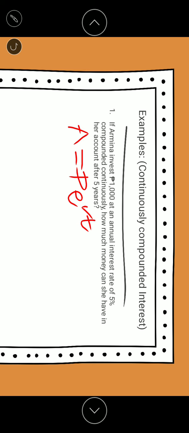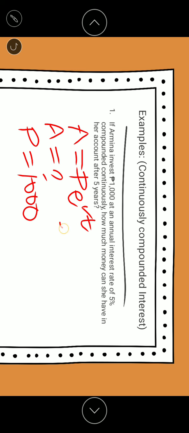So for A, since siya ang hinahanap natin, the money she can have in her account after 5 years, so the future value, we put question mark to A since hinahanap pa siya. Then ang P natin or the principal is 1,000 pesos. Ang E natin or the Euler's number is a constant, so hindi na siya mapapalitan. So I'll put na lang dito constant.